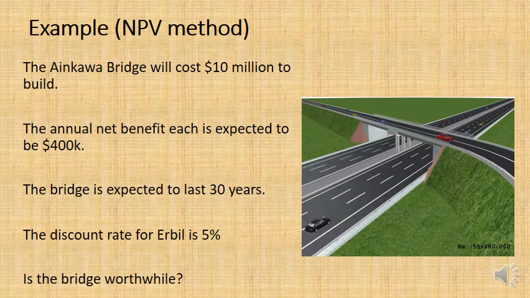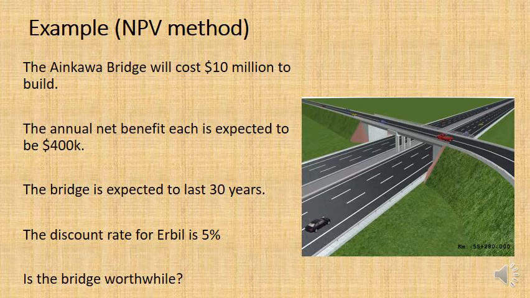So let's say we're building the Ainkawa Bridge. It's going to cost $10 million to build. I can assure you building a bridge like that will cost much closer to 50 million. But anyway, the annual net benefit, that's benefit minus cost, including externals, is expected to be $400,000.